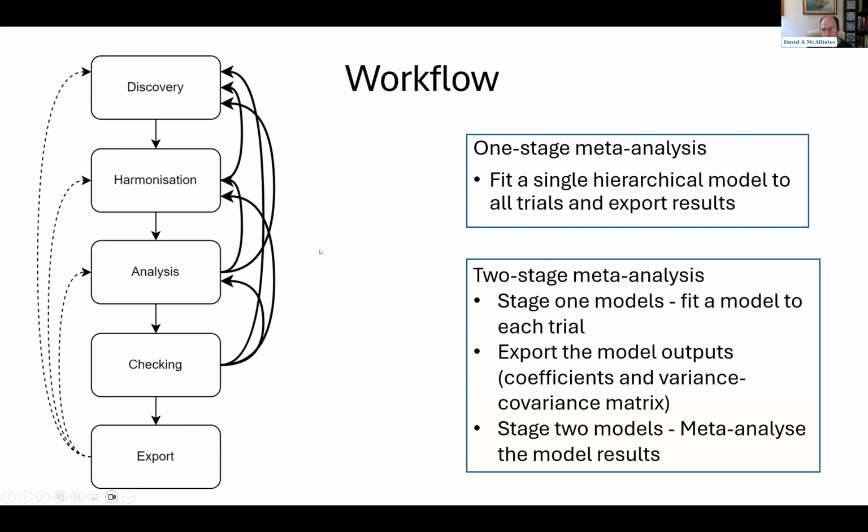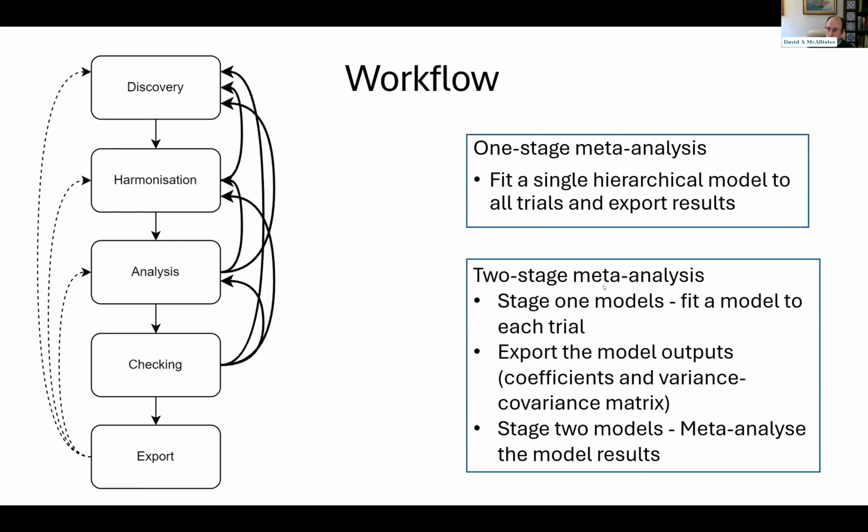Thinking about that workflow, there are really two main ways that you might go about it. And everybody who's familiar with meta-analysis will be familiar with this. There's a one-stage meta-analysis where essentially you fit a model, usually a hierarchical model, to all of your trials and you export the results.